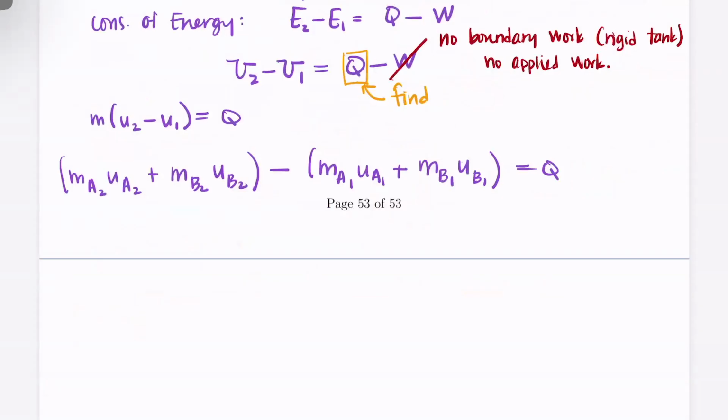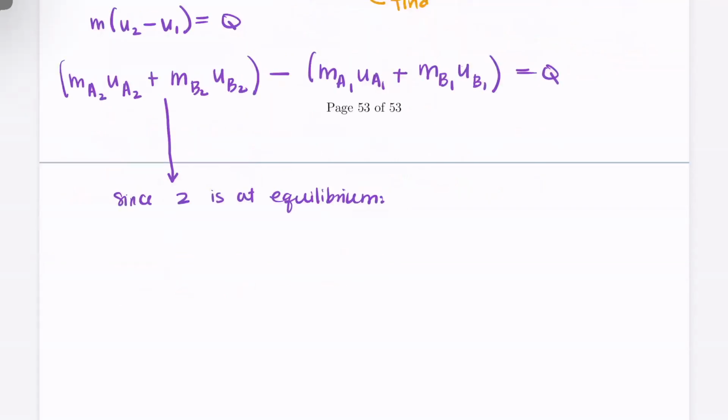We know that for state 2, our internal energy is the same everywhere, right? So it's at equilibrium. So since 2 is at equilibrium, we can write this as M2 times U2 minus, and then I'm going to keep all this the same.